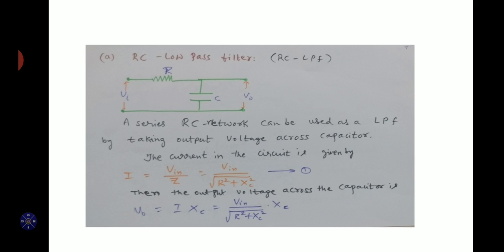Therefore, V0 equals I into XC. But from equation 1, I is VIN by root of R square plus XC square. Therefore, V0 is equal to VIN divided by the square root of R square plus XC square, into XC.